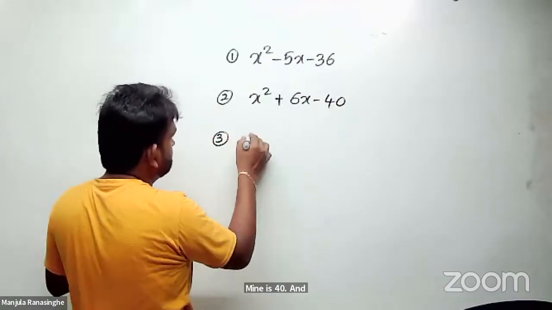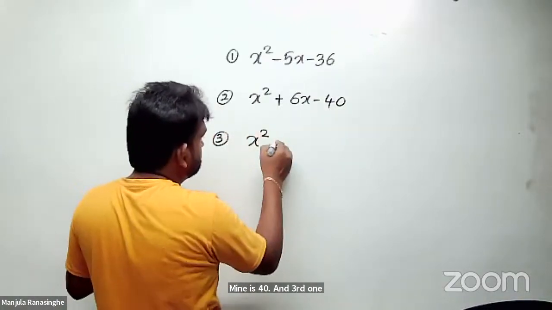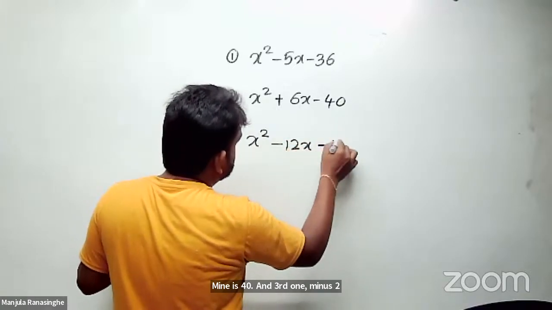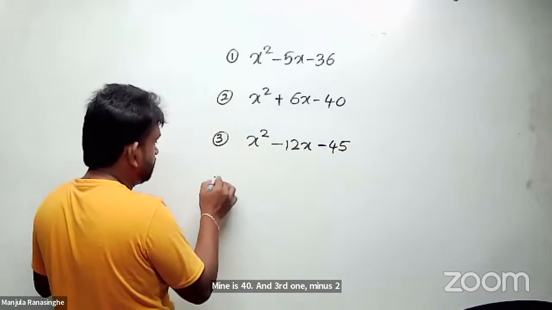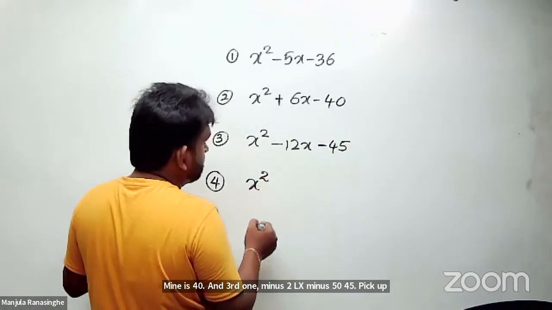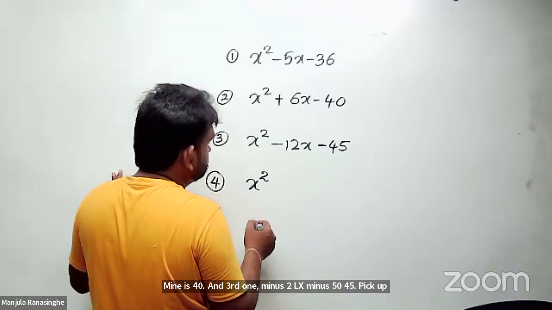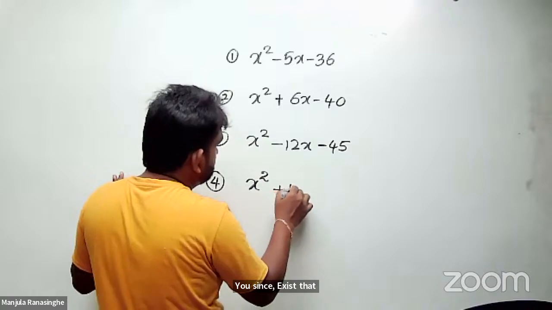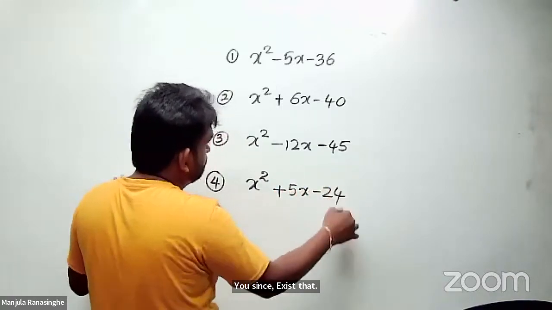And the third one: x squared minus 12x minus 45. One a bit harder. 4 questions. I'll give four: x squared plus 5x minus 24. Right.